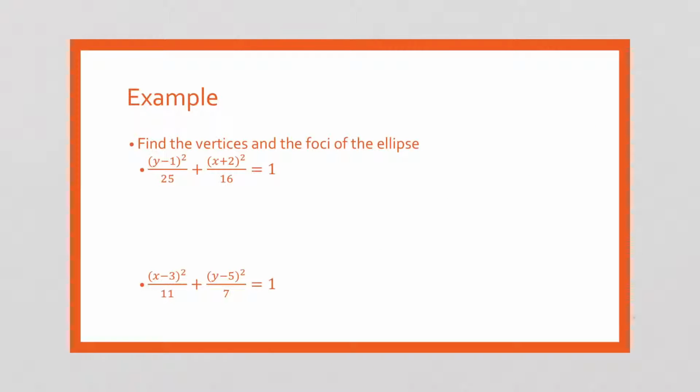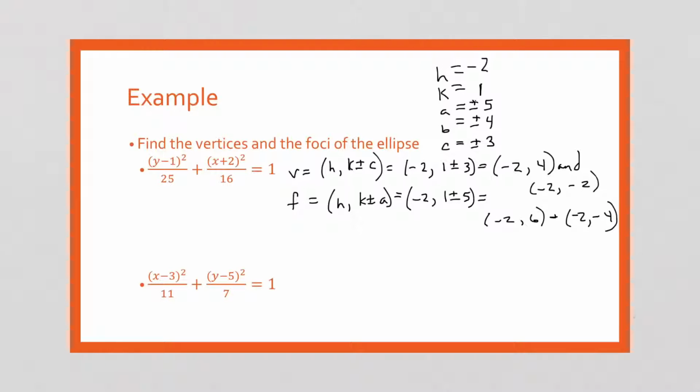Find the vertices and the foci of the ellipse. I'm going to have you pause the video and go ahead and attempt the first one on your own, and then come back and check your answer. Go ahead and check your answers. Remember, on our center, whatever is with y is the k, whatever is with x is the h.